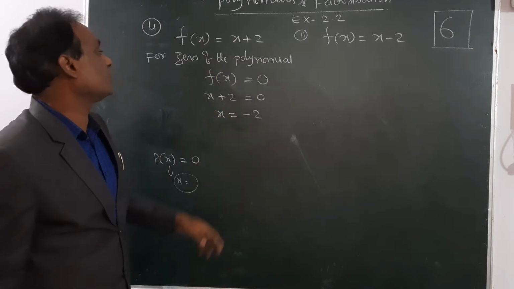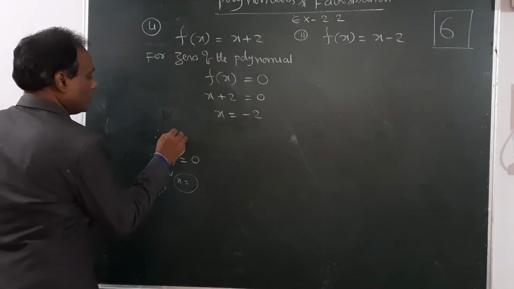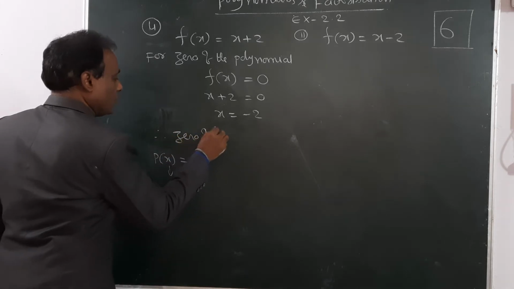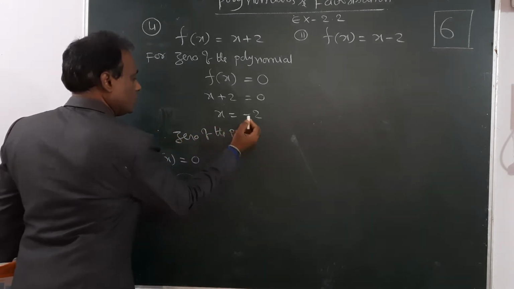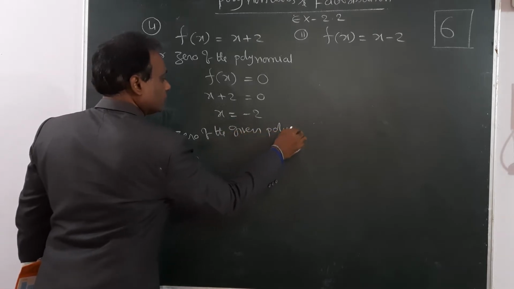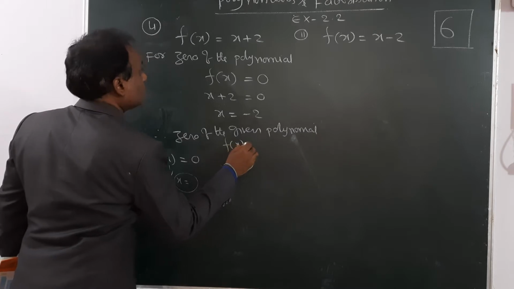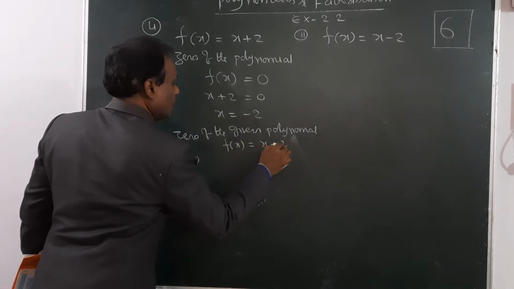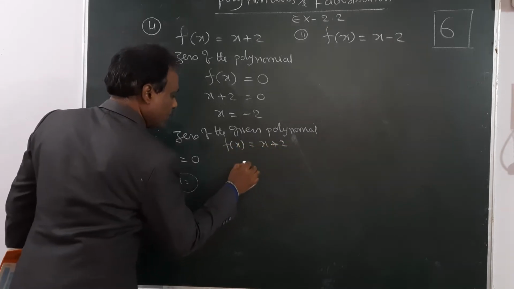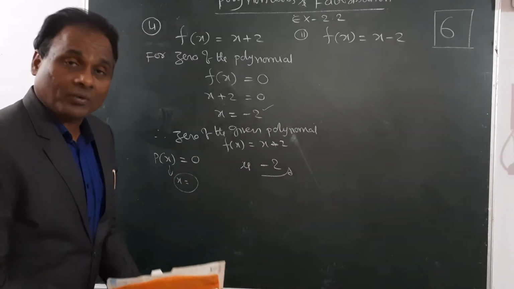Therefore, zero of the given polynomial f(x) is equal to x plus 2 is minus 2.